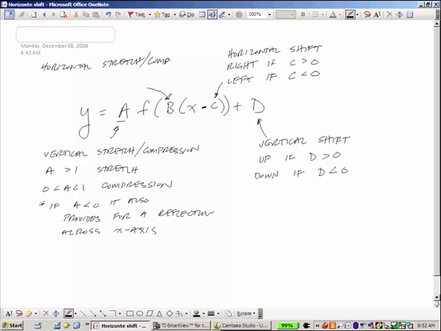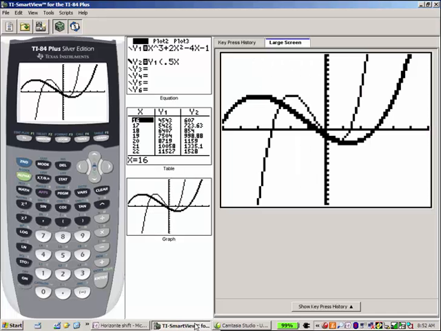All right, and let's see. If B is greater than 1, what does it do? Remember we looked at this when it's 0.5, and when it was 2, bigger than 1.